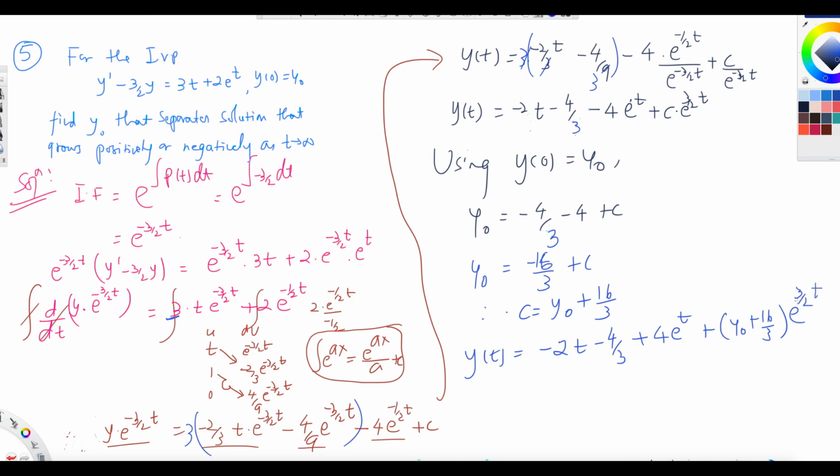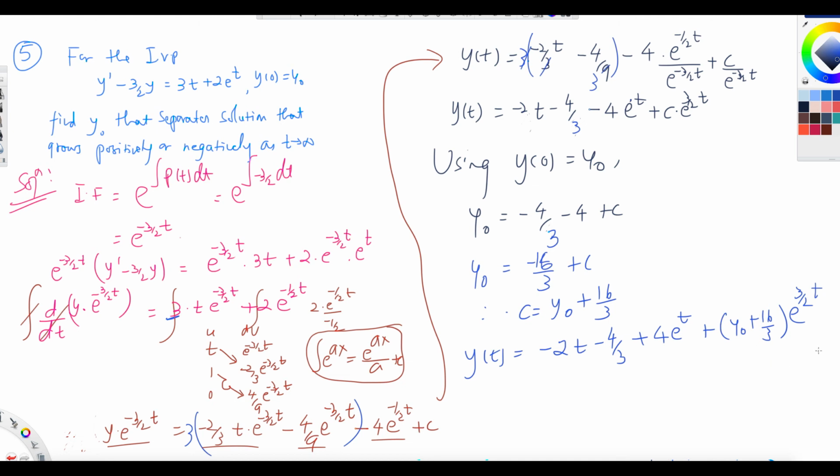See, this term has the highest exponent, right? E to the 3 half t. So when t tends to infinity, they will grow or decay, that will happen, but this will have major effect. It will move faster. So this solution will go to positive infinity if this quantity is greater than 0, and negative infinity if this quantity is less than 0. That's what you say.